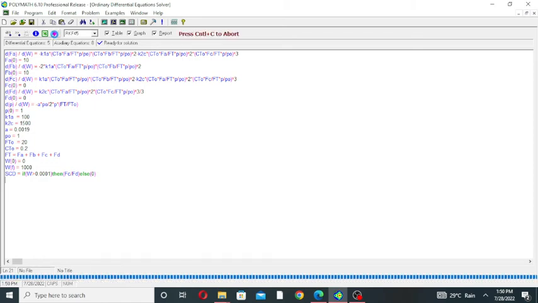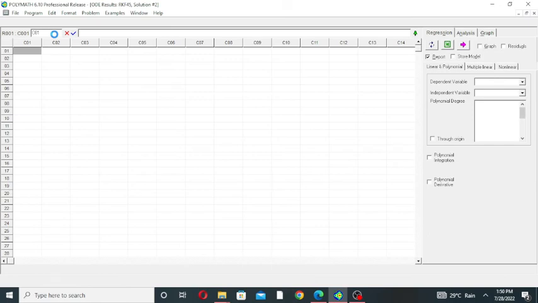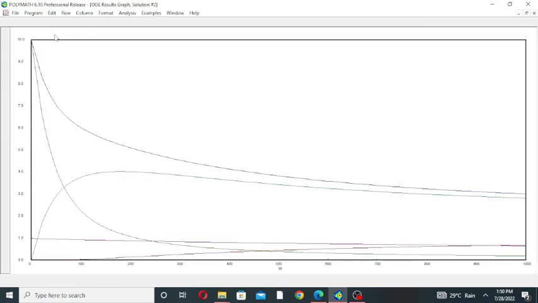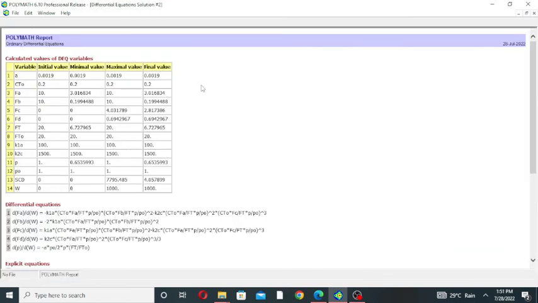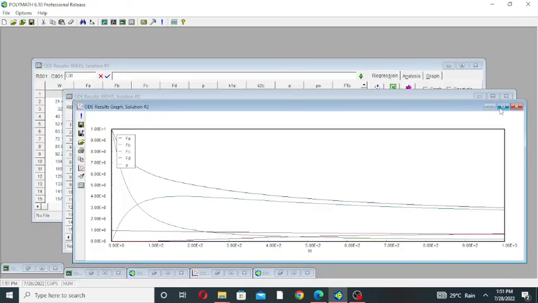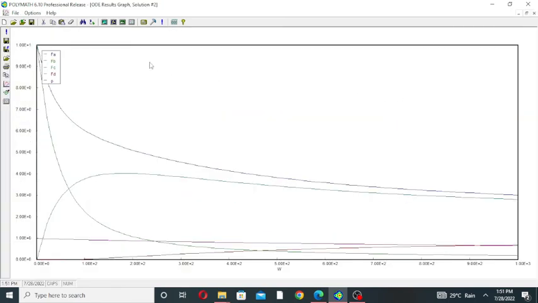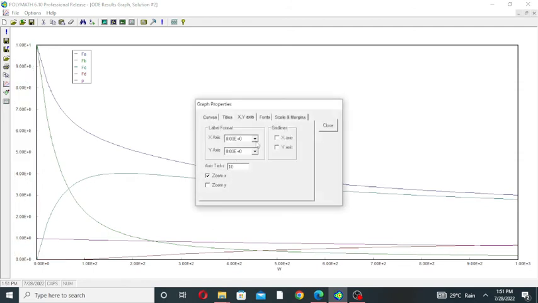So I am solving it. Click on this number. It will take some time. This is the calculated result. I have already discussed this one. And the POLYMATH report. Come to the graphs. This is the graph between FA, FB, FC, FD and P with respect to weight of catalyst W. So click on it, XY value.